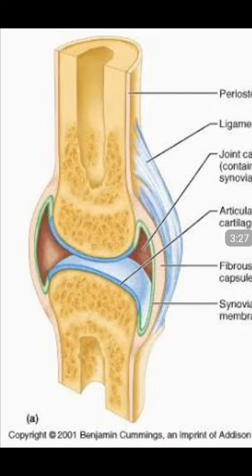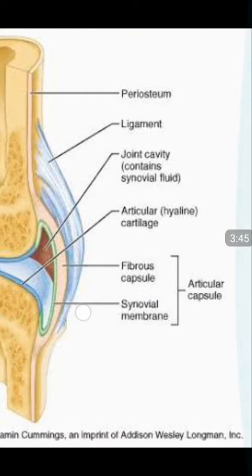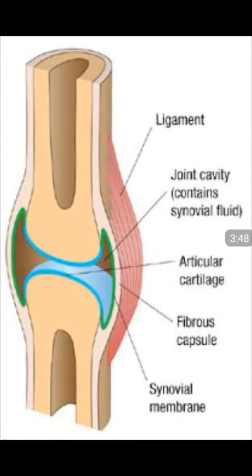This joint cavity is filled with synovial fluid. Synovia comes from the word ovia, meaning egg white. So the nature or appearance of the fluid is like egg white, and that's why it is called synovia. And what is actually a ligament?